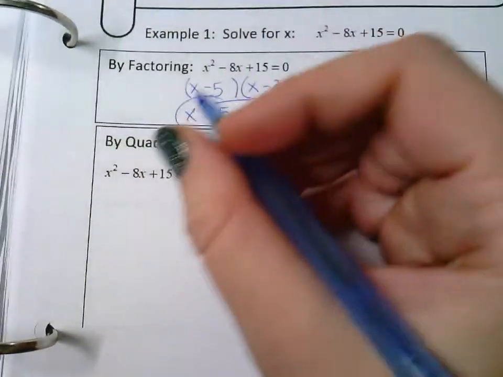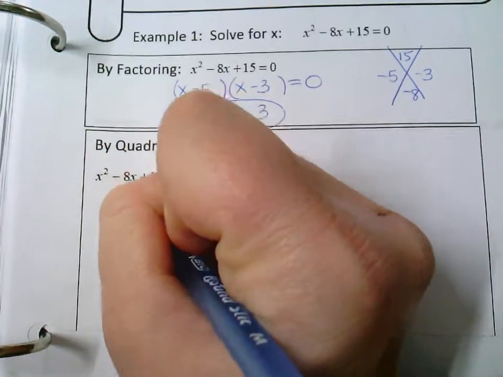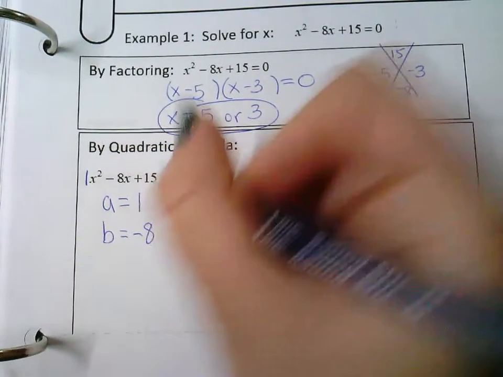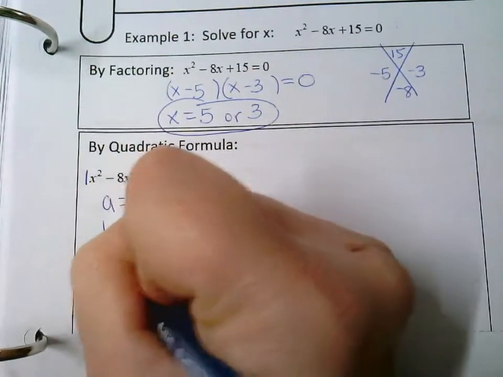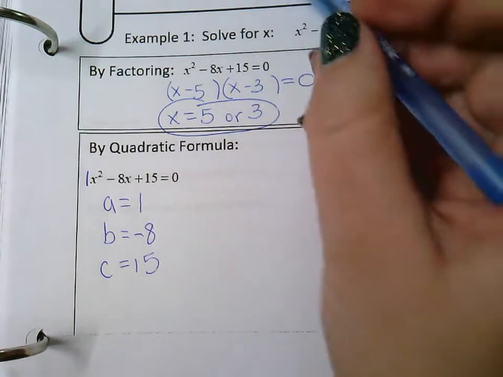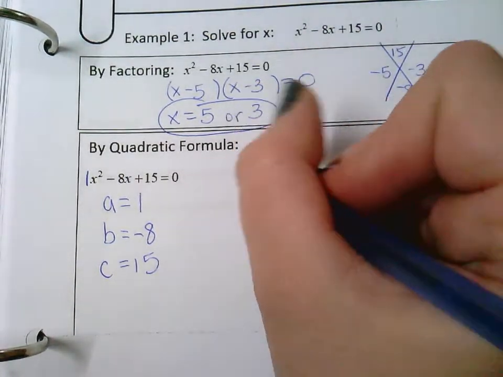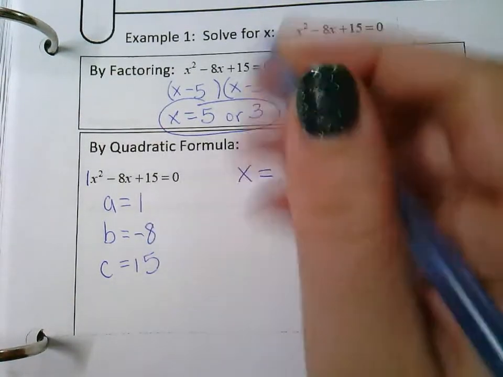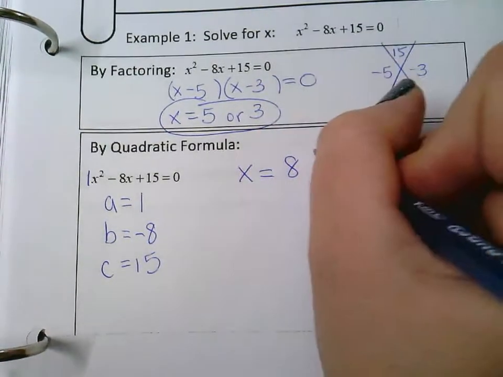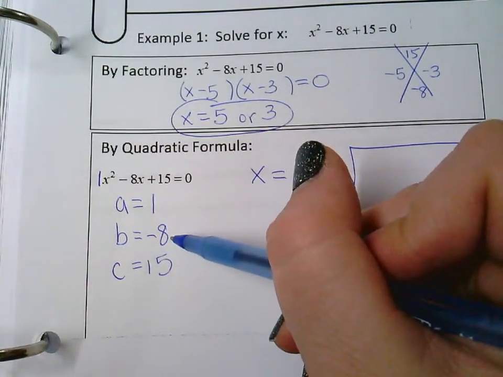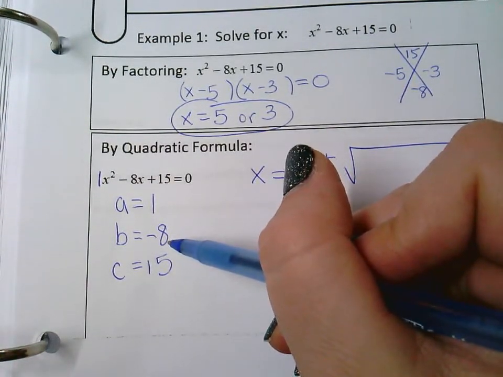So my first step is to identify a, 1 from 1x squared, b, negative 8 from negative 8x, and c is 15. I'm going to plug a, b, and c into this formula up top. So x equals the opposite of b. If I have negative 8, now I've got positive 8, plus or minus the square root. b squared in this case is positive 64, negative 8 times negative 8.